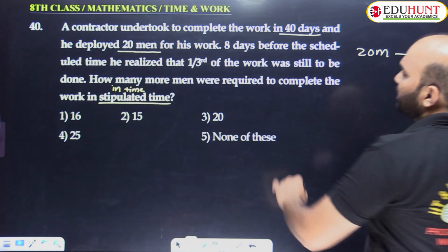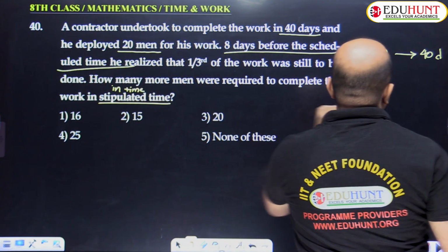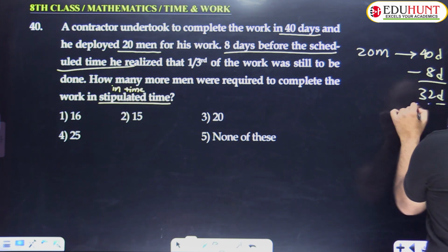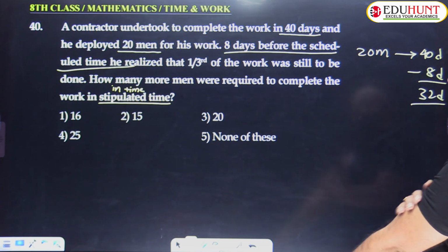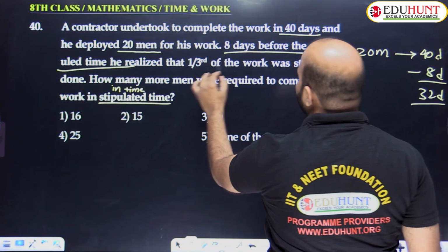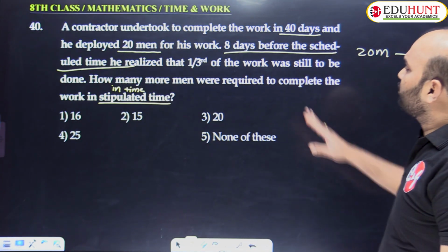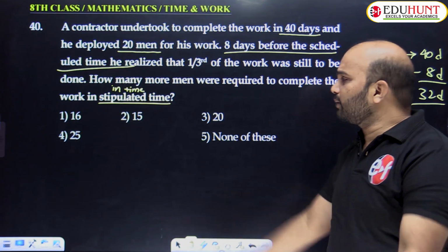But 8 days before the scheduled time, that means 40 minus 8, 32 days, 20 men have already worked 32 days. He realized that 1/3 of the work was still to be done. So how much work is left? 1/3 of the work is left. Nothing but in 32 days, 2/3 of the work has been completed.